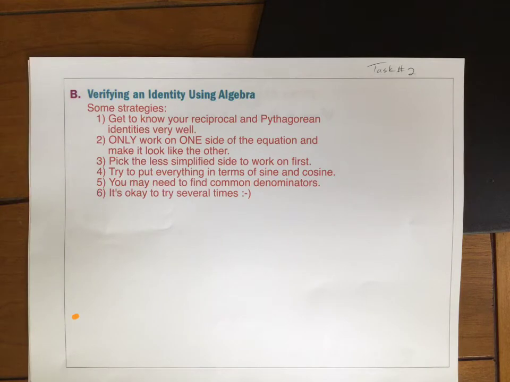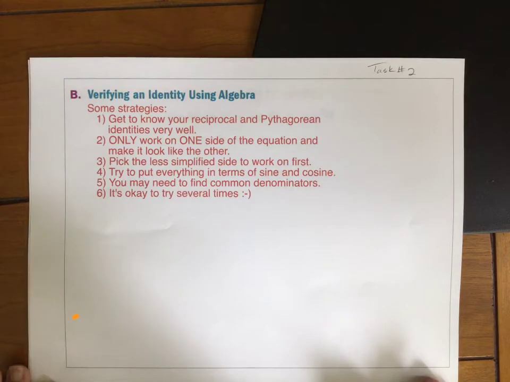And then the second key will be to pick a side to work on and don't touch the other. You're going to try to prove it to the other side. So you only want to work on one side. And then you want to pick the more complicated side to work on first. And so we'll look at that with some examples today.